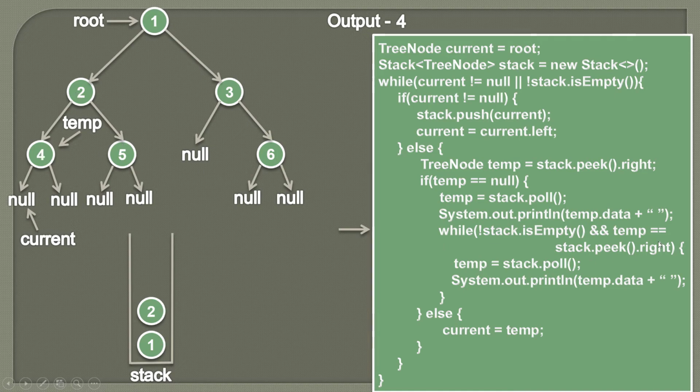If this comes out to be true, then we know that the parent's right is the node which we just visited, so we can simply visit the parent now. But here you can see temp is pointing to 4 and stack peek, which is node 2, is pointing to right. Therefore they are not equal, which means that the node we have visited just now is on the left side, not on the right side of node 2.